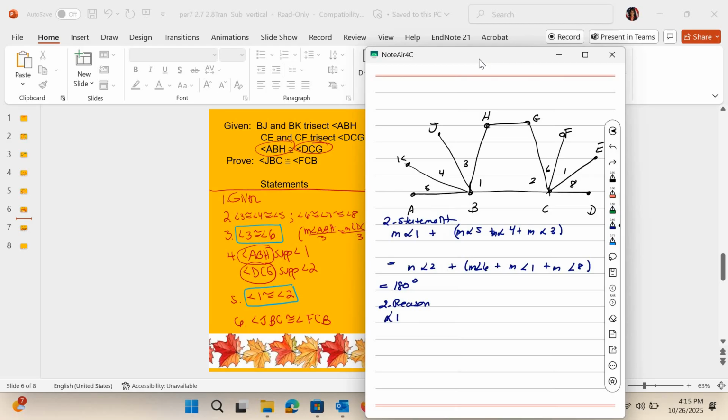And the reason would be angle 1, angle 3, angle 4, and angle 5 are linear pairs and therefore supplementary.